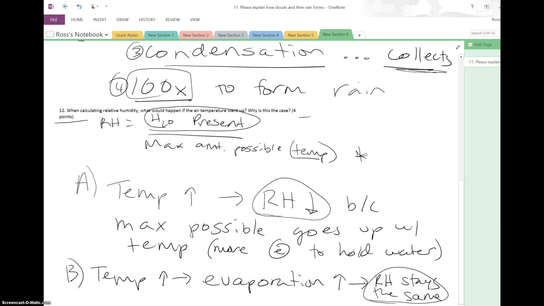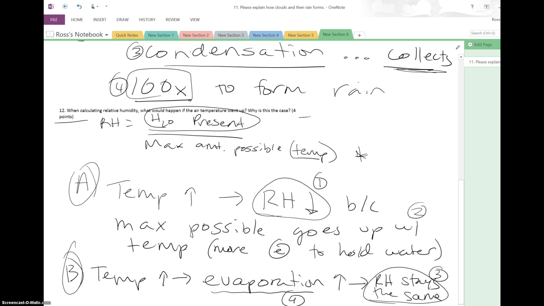Two different options here, and if you explain both of those, here's 1 point, here's an explanation for 2 points, here's your third point, and if you talk about evaporation happening and therefore putting more water into the air, that's your fourth point. Okay. So remember, we wrote these two, A and B, we put those on the board.